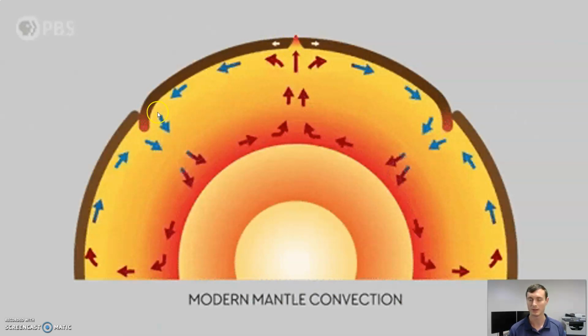In these other places where the material is old and cold and starts to move down, these are going to be our trenches, where old oceanic material gets recycled. This picture here has the entire mantle circulating with one big cell. Keep in mind, sometimes you will see other pictures, where you have the top circulating and the bottom circulating. Just know that this is not completely settled.